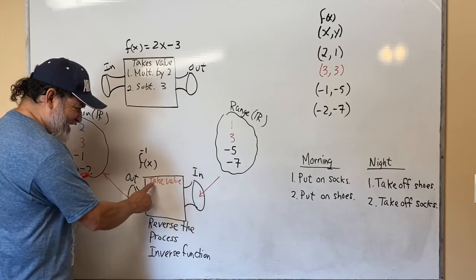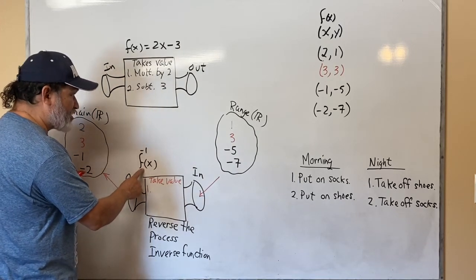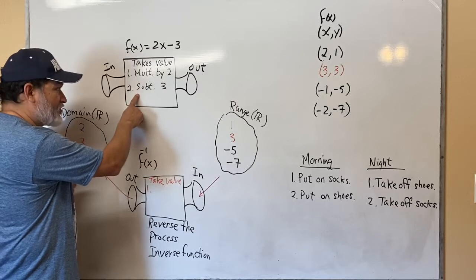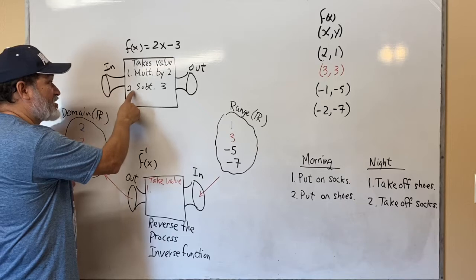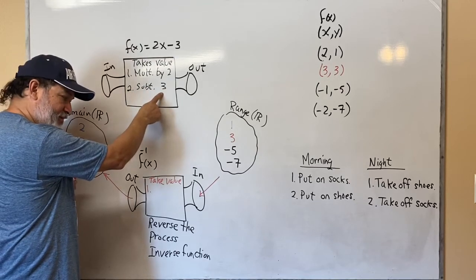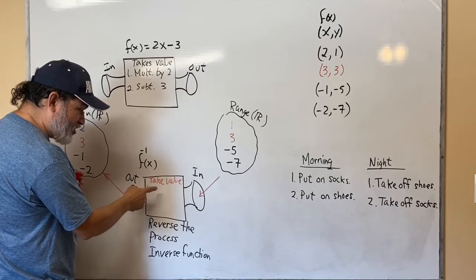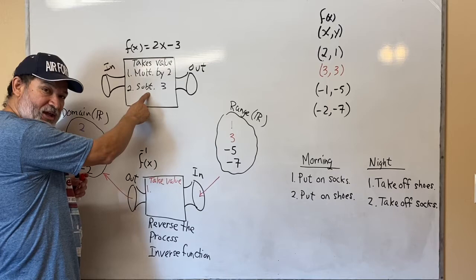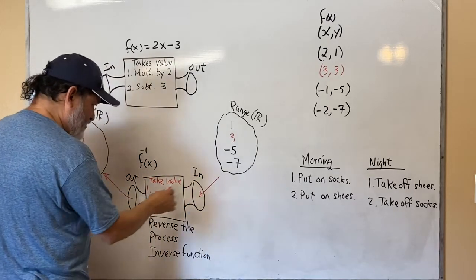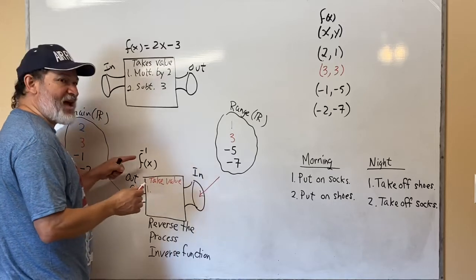So this machine is reversing the process to this. The last thing this did was subtract 3. So the first thing this inverse function, or the reverse process, is going to be add 3.